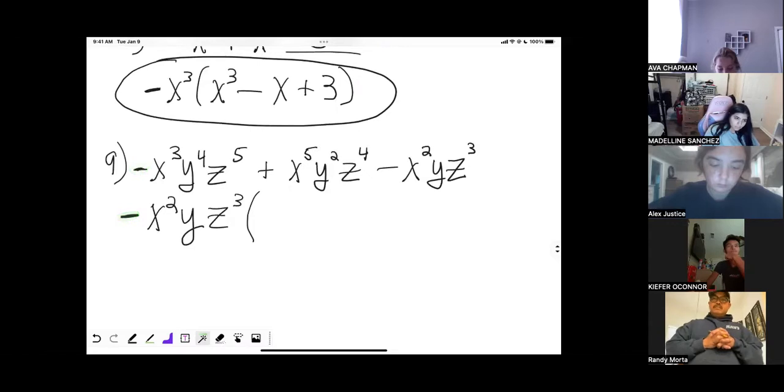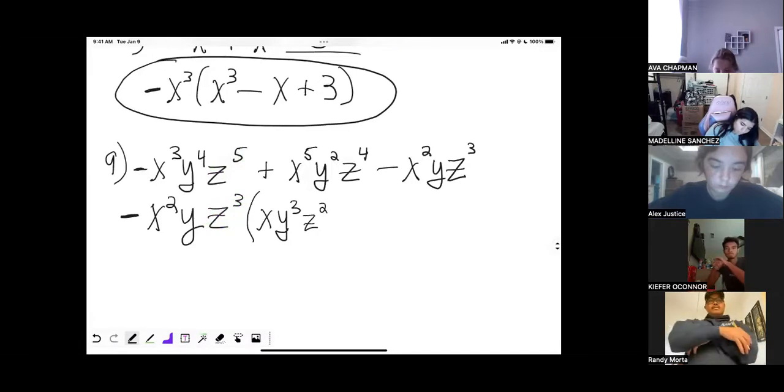Then I can do x to the third divided by x squared. And that means 3, take 2 away. That means I have x left. Then y to the fourth divided by y means I take 1 away, which is y to the third. And then I have z to the fifth divided by z to the third, which means I have a z squared left.